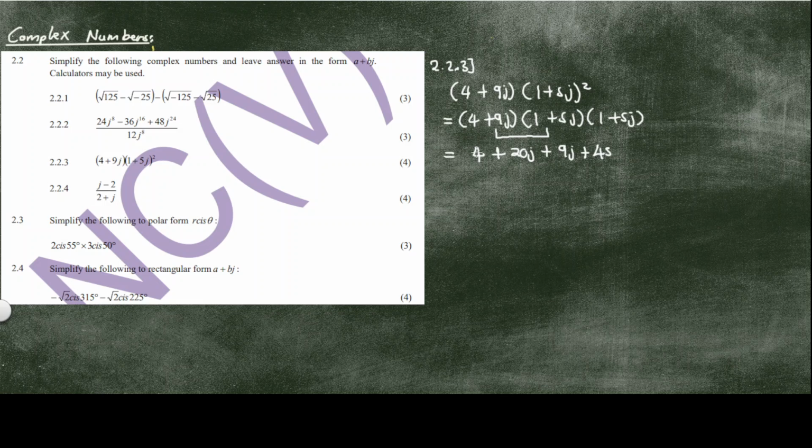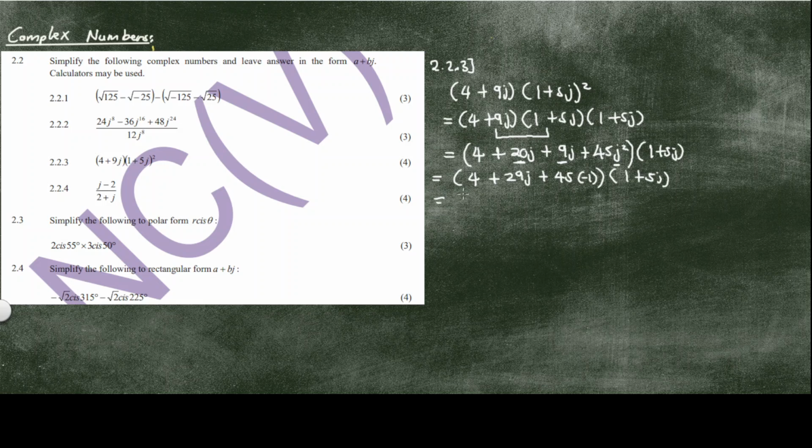I'm getting 45j squared. Then I'm gonna close this bracket and leave the last one as is. Equal to 4, the 20 and the 9 gives us a plus 29j plus 45. Since the j is squared, it gives us a minus 1. And then I have 1 plus 5j.